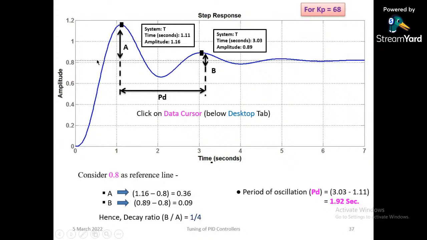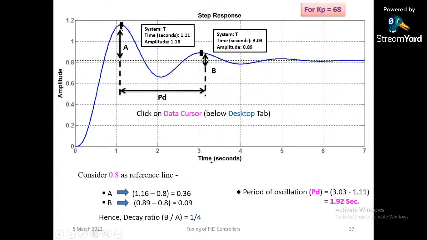A reference line जर घेतलात तुम्ही, then distance A is, you can see distance A किती आहे. आता इथे जर मी क्लिक केला बघा, it is 1.16. इथे maximum value. Amplitude is 1.16 and याचा इथे किती आहे, amplitude is 0.89. ठीक है. I am taking reference as 0.8.